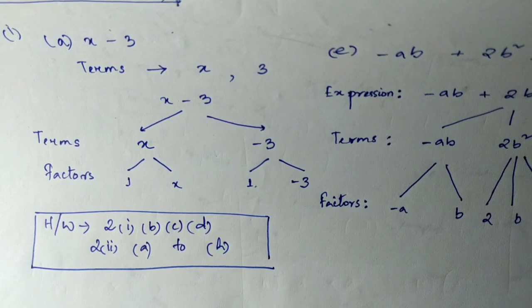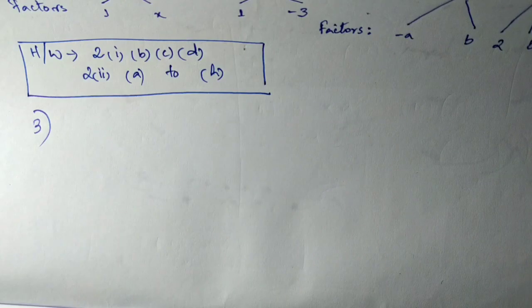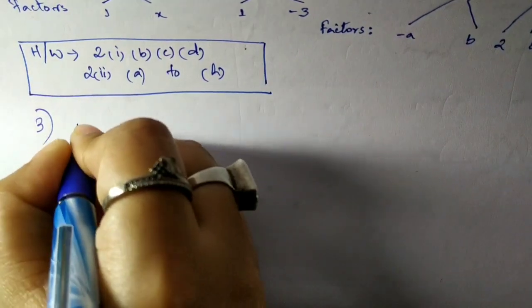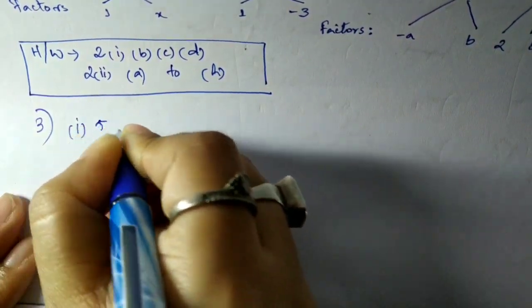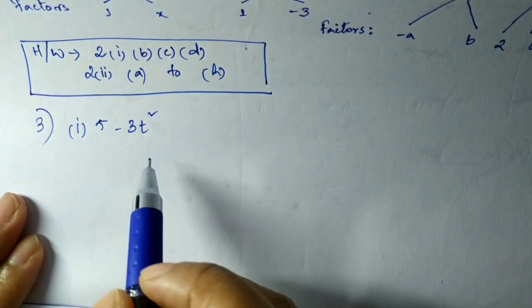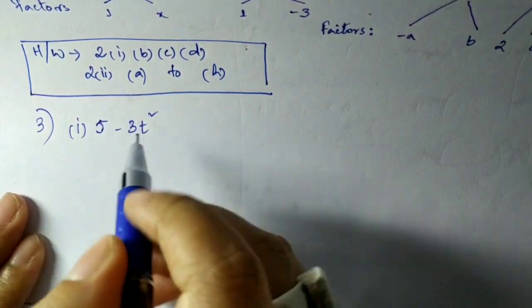Okay, let's move on to the next question, that is question number 3. It's given: identify the numerical coefficients of the terms other than the constant in the following. In the following expressions, number 1 is given as 5 minus 3t square. We have to find the numerical coefficient other than the constant. So you can see 5 is already a constant, so I don't have to find the coefficient of this.